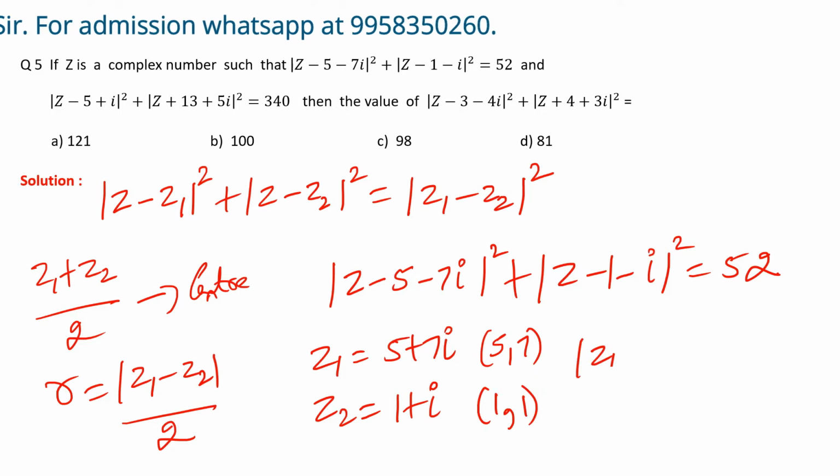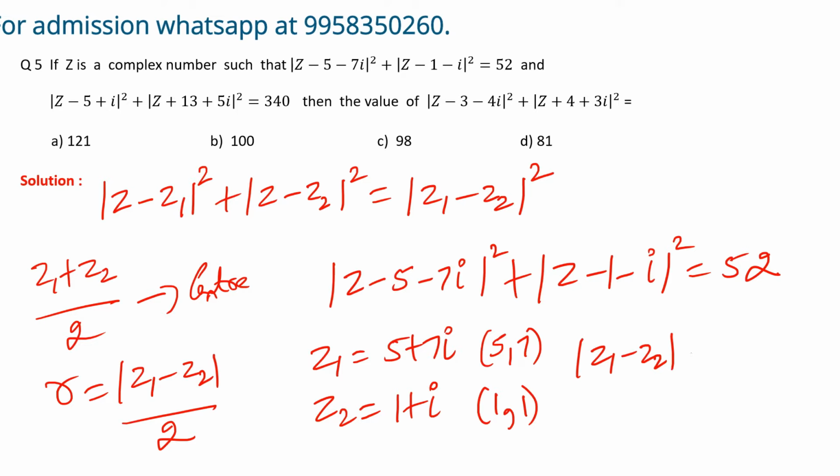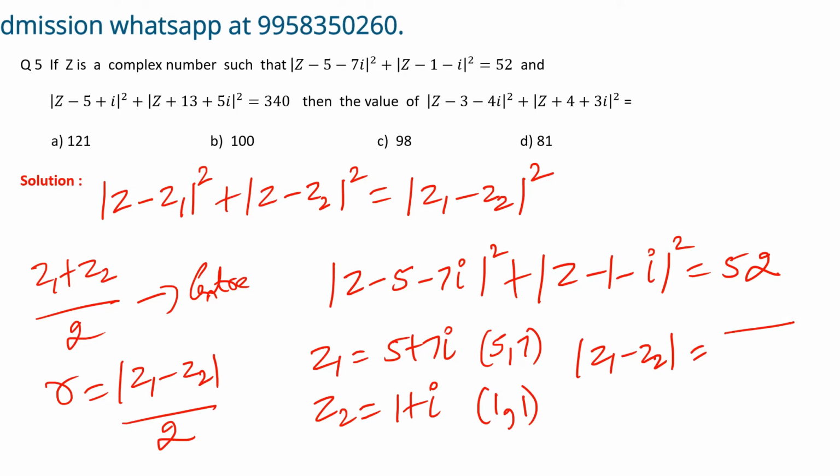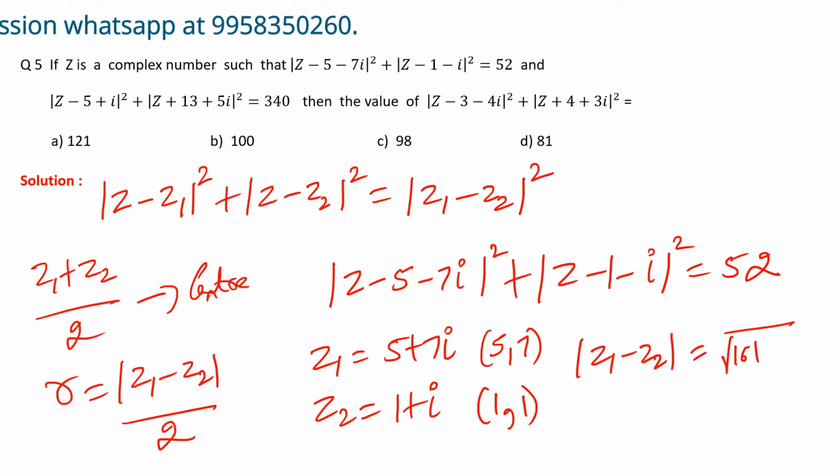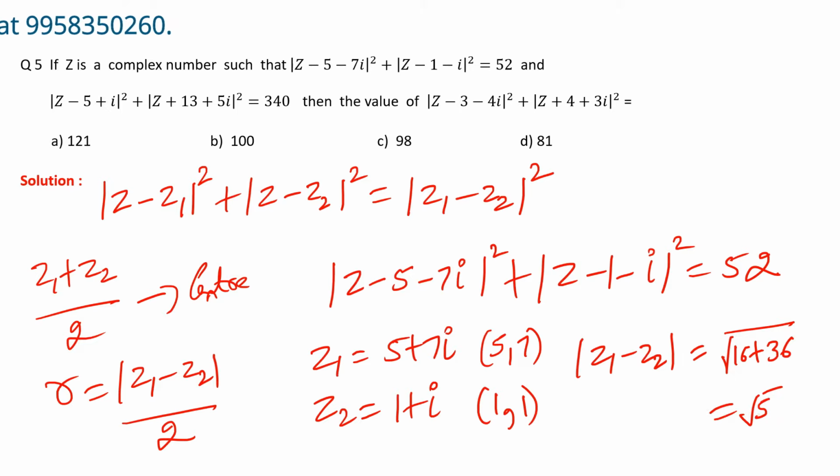Then clearly mod of z1 minus z2 is going to come as under root of 4 squared, this is 16, plus the square of 7 minus 1, that is 36. So this value comes out to be under root of 52, right? And obviously if I make the comparison, then the square of mod of z1 minus z2 will be just 52.